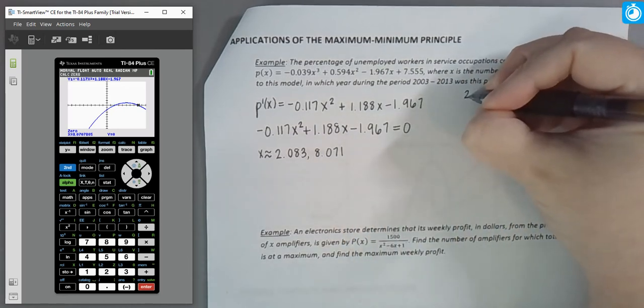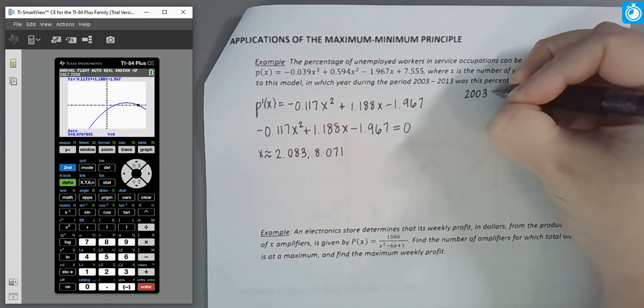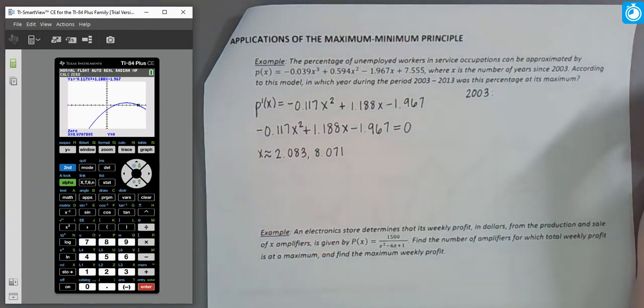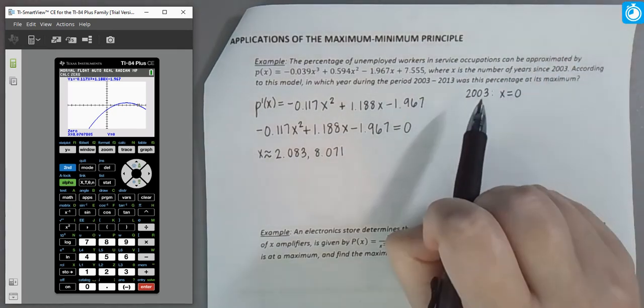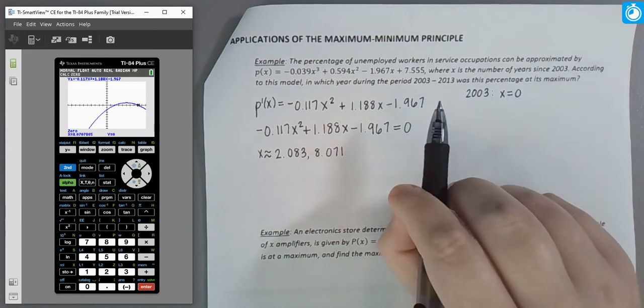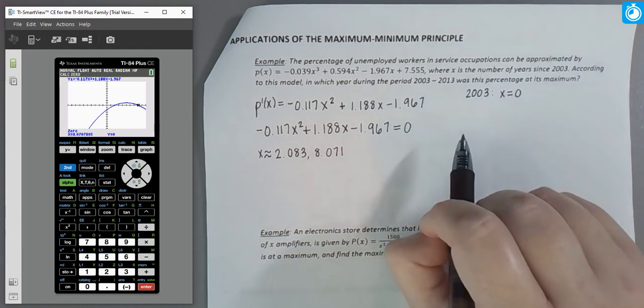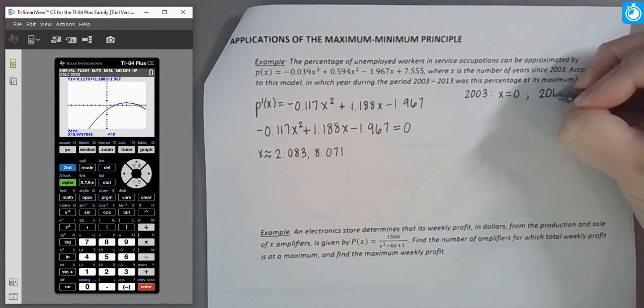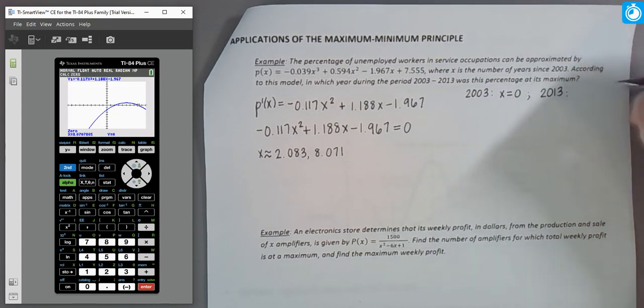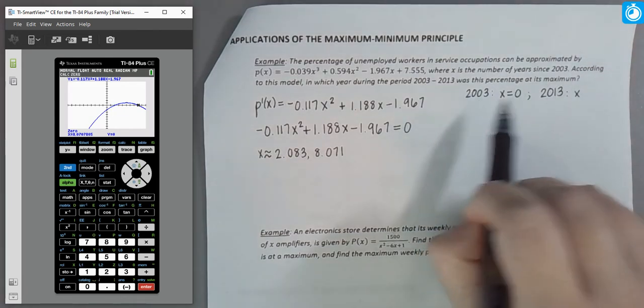So for 2003, if we're thinking of x as the number of years that has elapsed since 2003, well, 2003 is going to be x equals 0. If we're looking at 2003, then the number of years that have elapsed since 2003, well, no years. And then the end value, 2013, that's going to be the number of years that have elapsed since 2003.